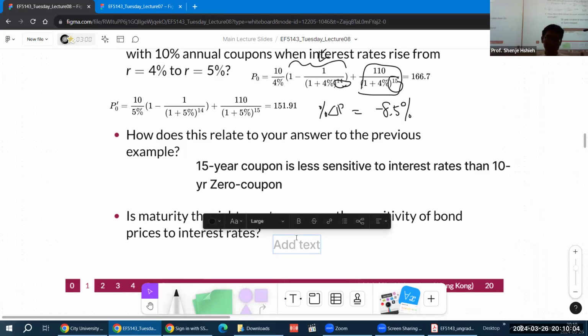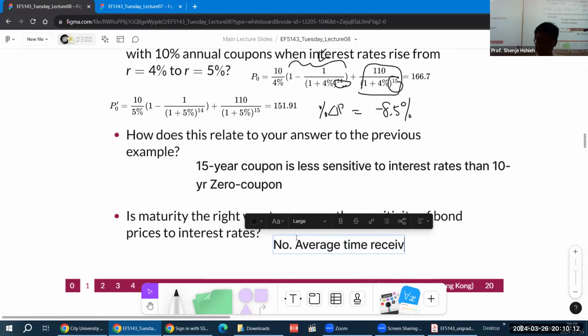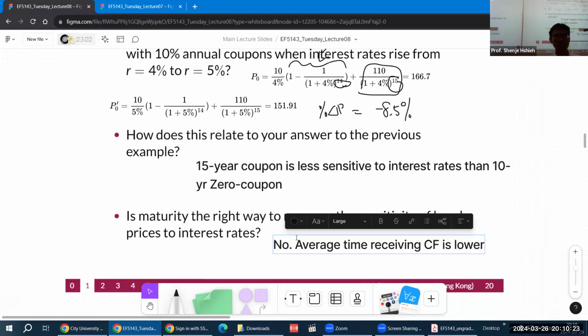The difference is that there are intermittent cash flows. You're receiving more cash earlier, so the average time of receiving cash flow is lower. That's the definition of duration: the average time you receive your cash flows for a specific fixed income instrument.